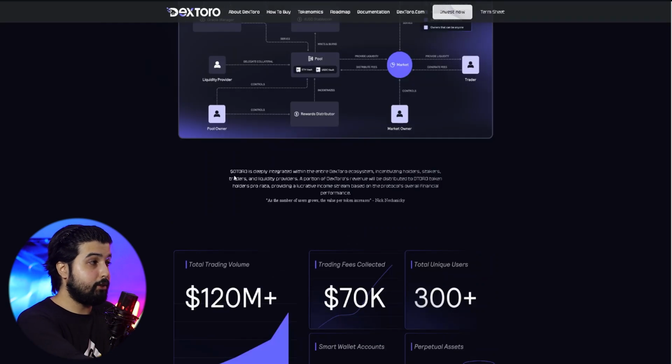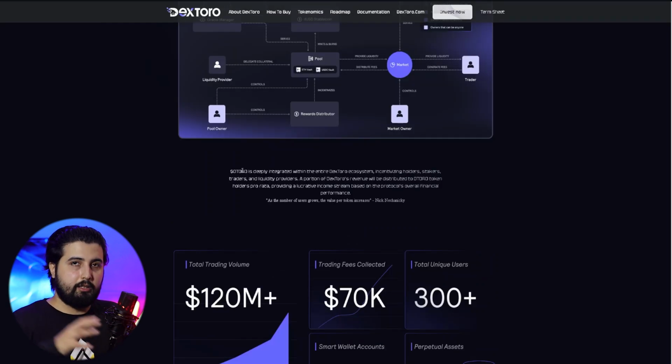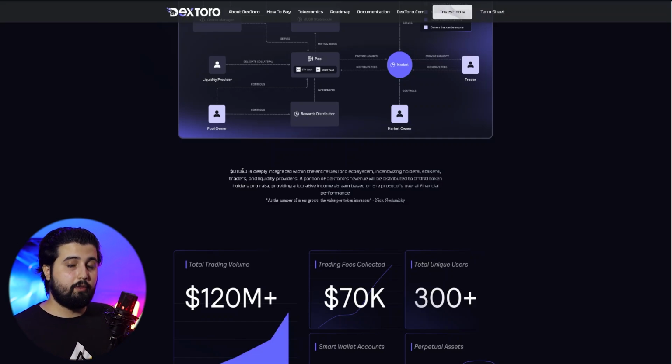Now it says that DToro is deeply integrated within this entire ecosystem, in this entire exchange, which incentivizes holders because they receive DToro tokens based on the volume they're trading, and also stakers get governance through this token, they generate yield through this token, they get a portion of the revenue generated by the system, and also traders and liquidity providers. So they're all incentivized using the DToro token.